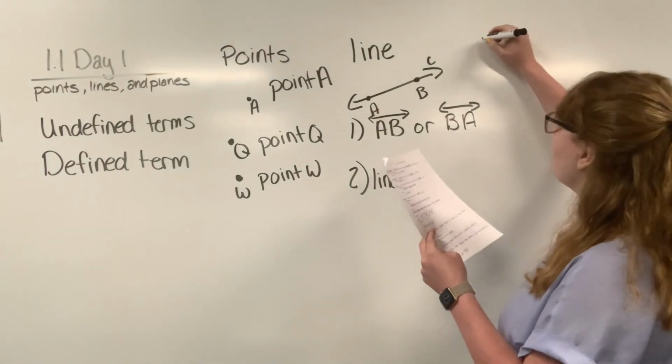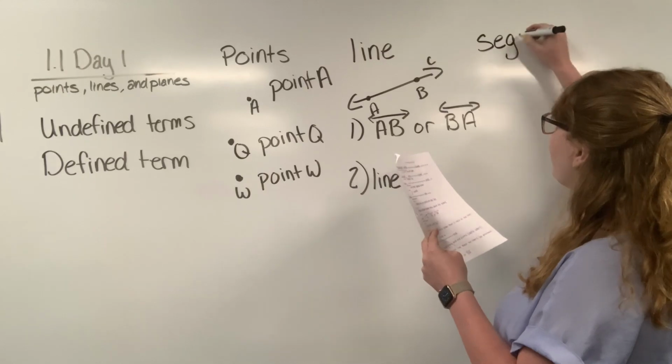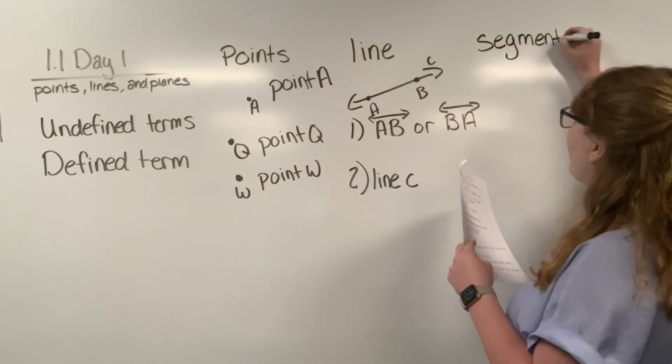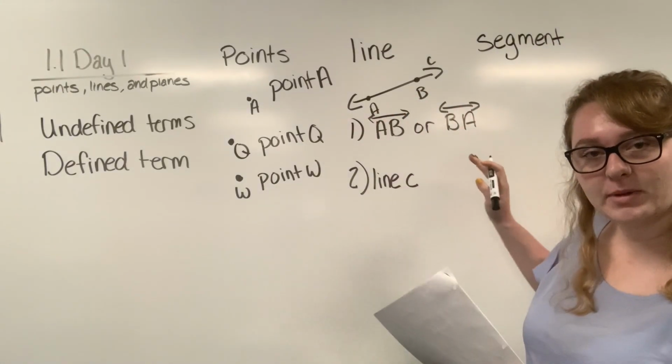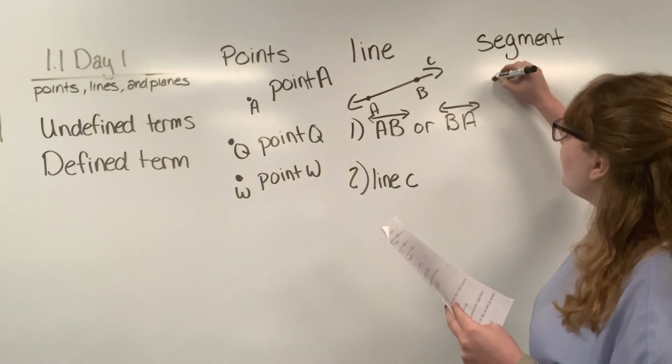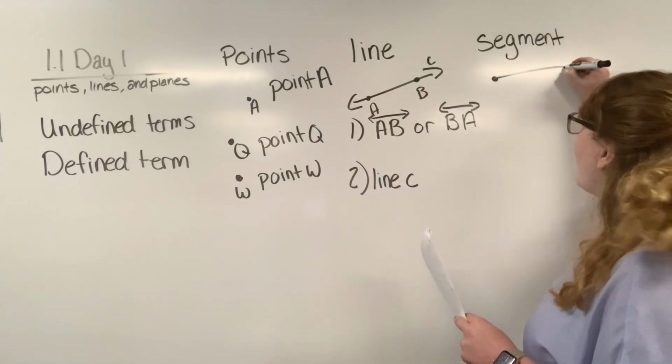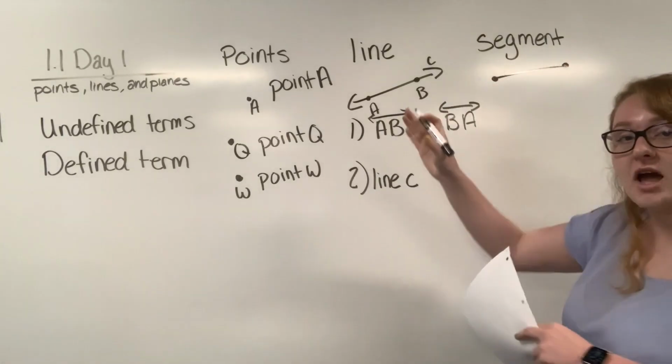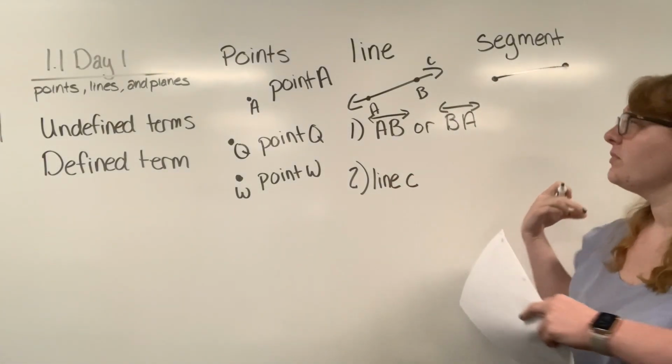Next, we have something called a segment. And a segment is different from a line because it does not extend on forever. A segment has a start point and an end point, so it does not go on forever.